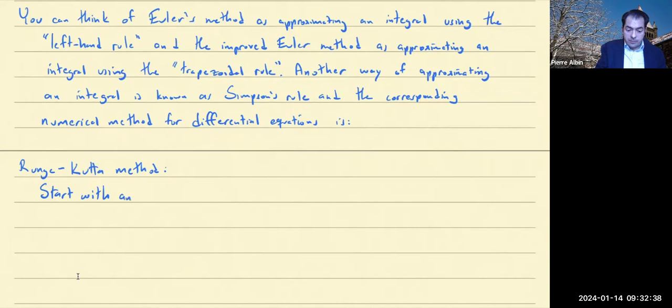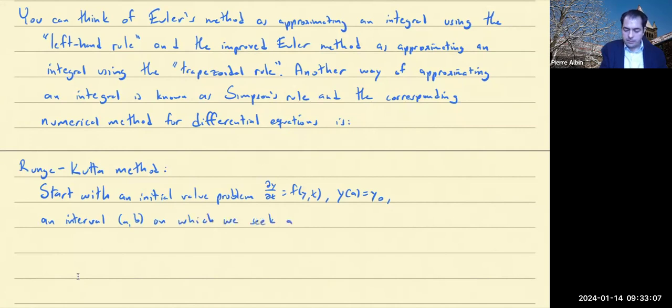Start with an initial value problem, dy/dt is f(y, t), y(a) is y naught, an interval [a, b] on which we seek an approximate solution, and choose the number of steps n.